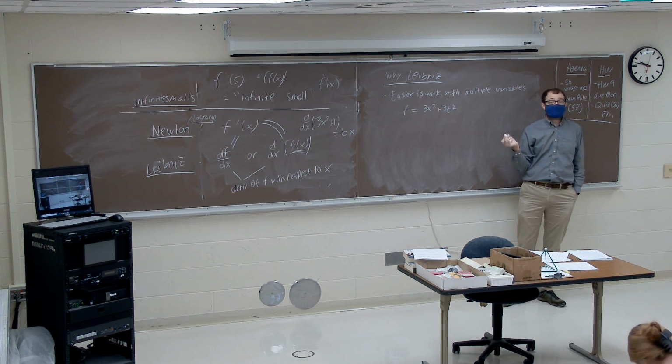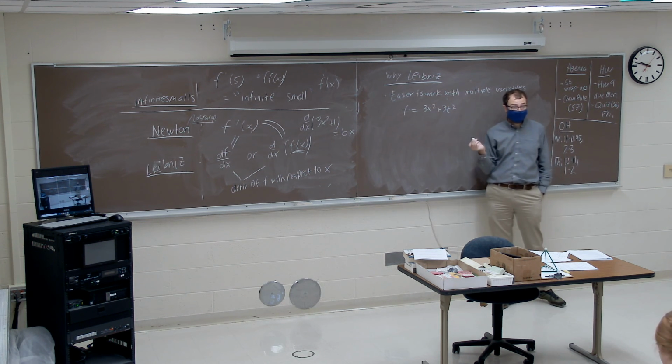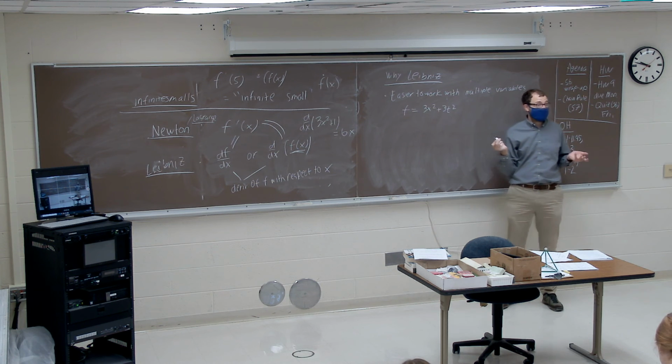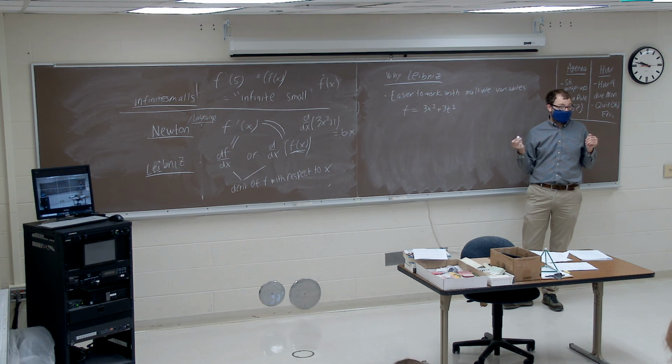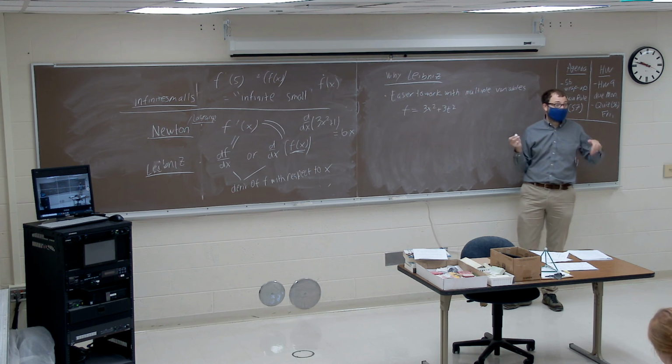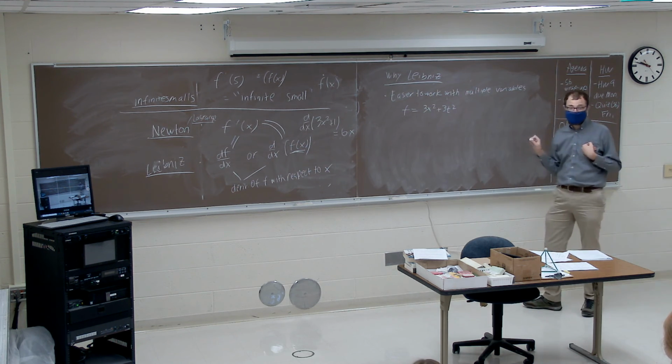But what if we're treating x as a constant and t as our variable, and we wanted to differentiate with respect to the variable t instead? You probably don't want to use f prime for both of those, because it's not nice to use the same language, f prime, for two separate things, for the derivative with respect to x or the derivative with respect to t.